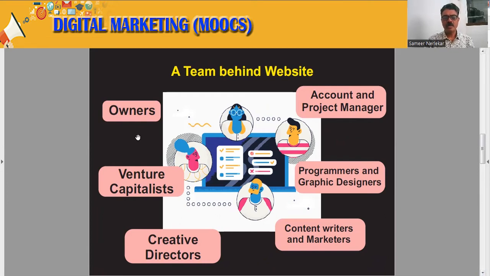The first team member is the owner, then the account and project manager, then venture capitalists, programmers and graphic designers, creative directors, and content writers and marketers. All these people are involved in designing of website and maintenance of website.